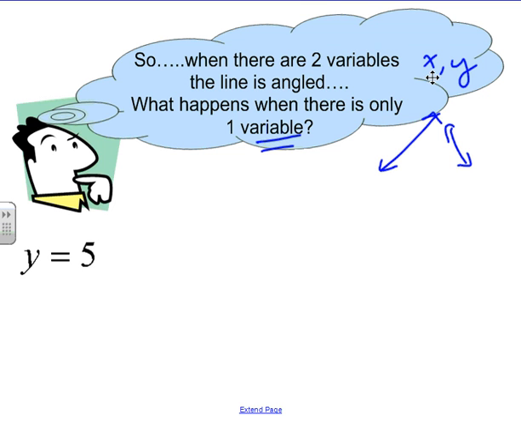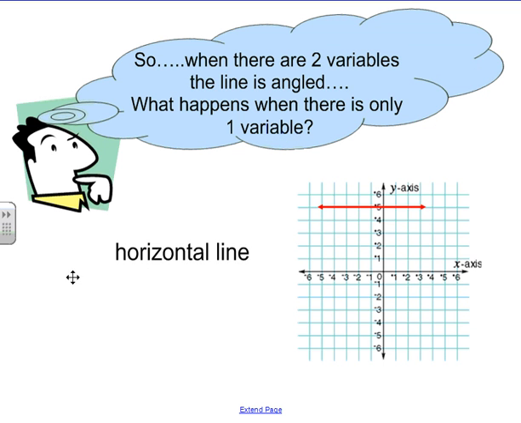Because this one had an x and a y, it was going to touch the x and the y-axis. This one's not going to. It has to have that variable in there in order to touch it. So it's going to give us a horizontal line, going right through the 5.